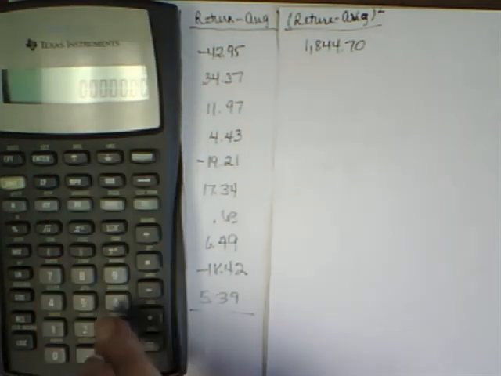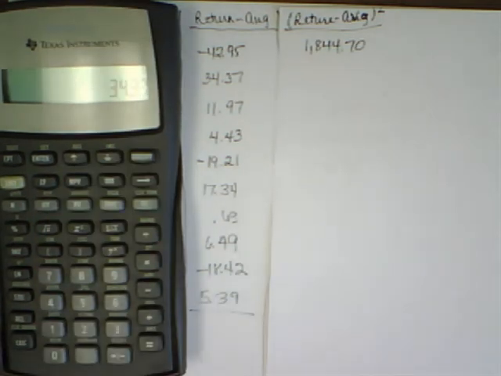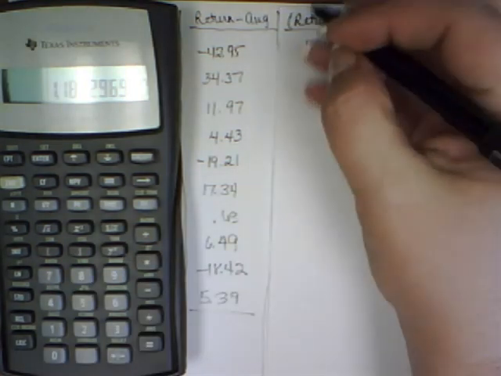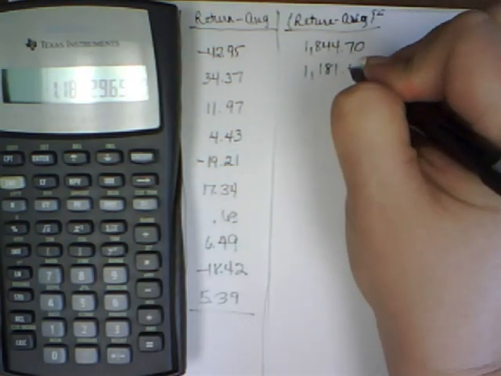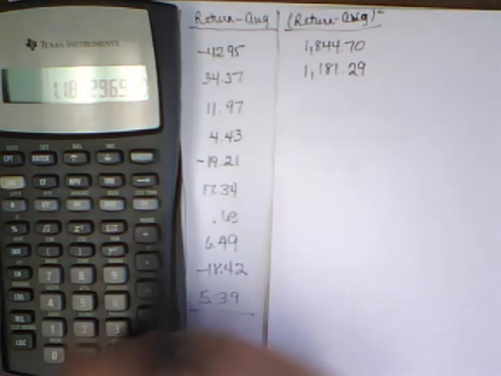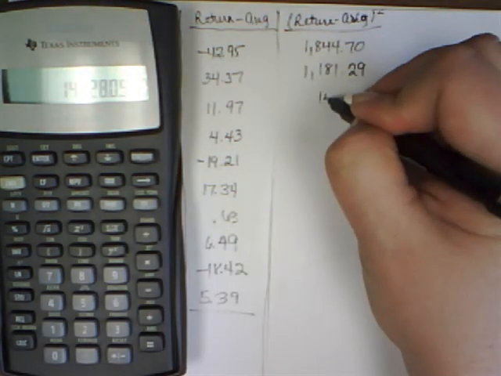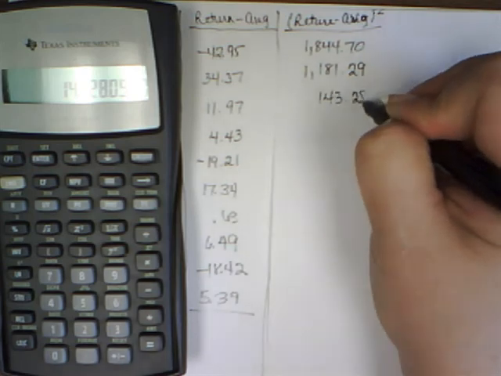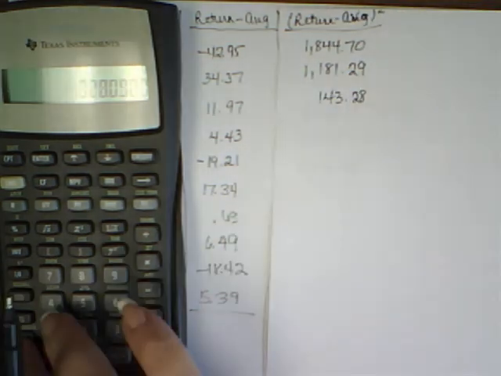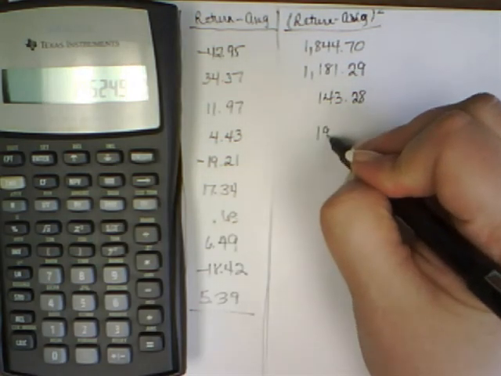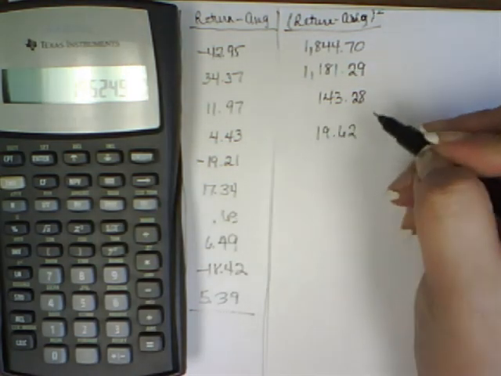And so we're going to continue to do this. 34.37, then hit the x squared, that gives us 1181.29. Then we have 11.97 squared, which gives us 143.28. 4.43 squared gives us 19.62.